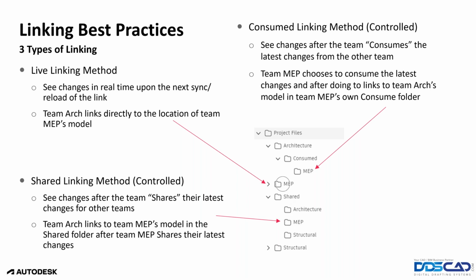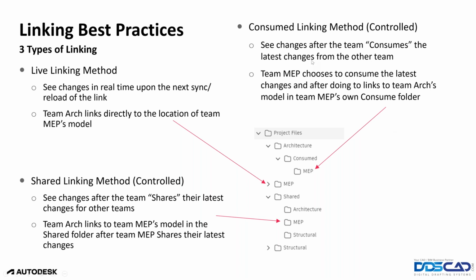So again, MEP will come in, they will say share, the model will be copied to their MEP folder where the architectural team will be linking to. And so the next time the architectural team reloads that link, they're going to see whatever's been the latest thing that's been copied in the shared MEP folder. So the architect doesn't need to do anything additional. It's nothing different. It's nothing extra. It's just where you link from that will determine when you're going to see those changes.